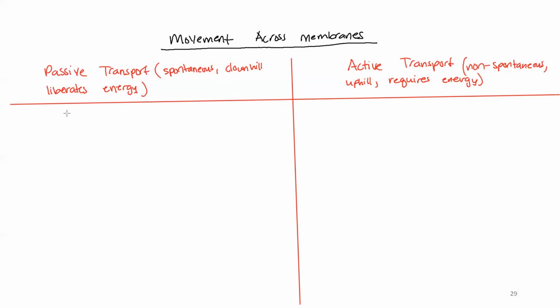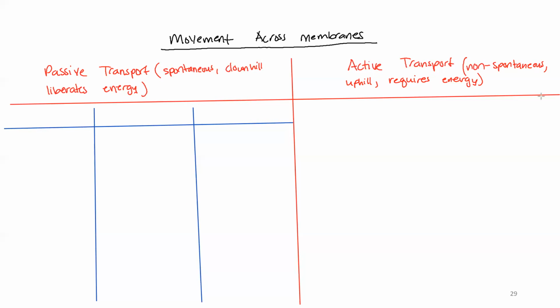So we had simple diffusion, facilitated diffusion, and then carriers. As far as active transport, we had primary and secondary active transport. So two main divisions here with a couple examples.